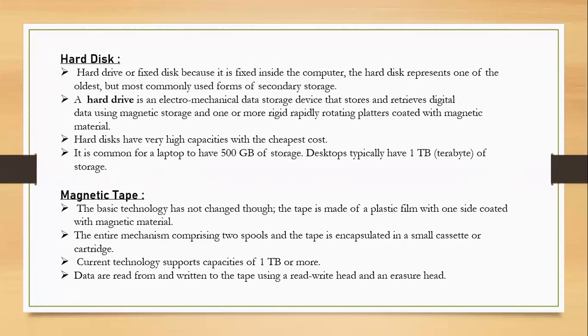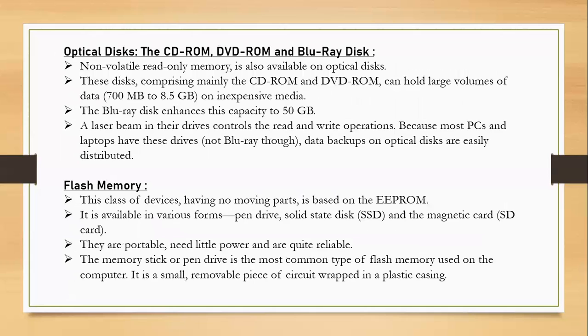The entire mechanism comprises two spools, and the tape is encapsulated in a small cassette or cartridge. Current technology supports capacities of 1 TB or more. Data are read from and written to the tape using a read-write head and an erasure head.